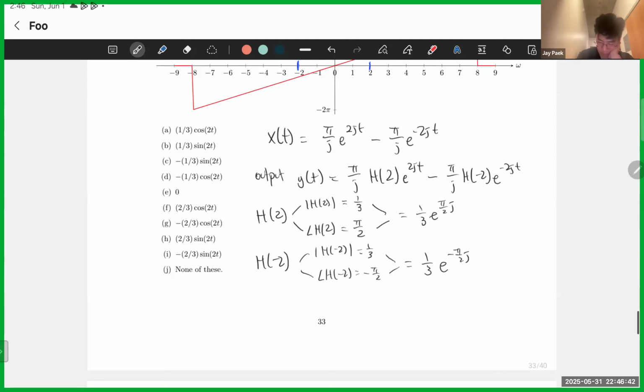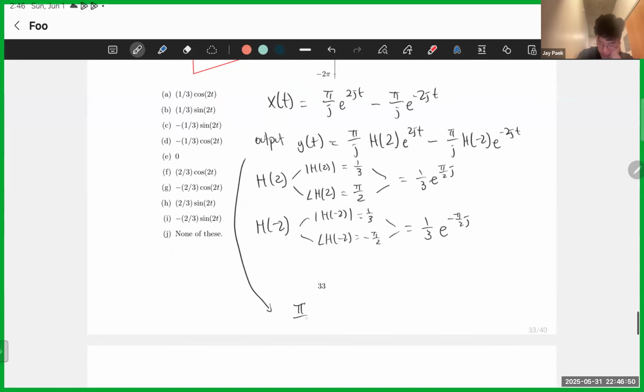And so, thus, our output should be pi over j. It's actually just 1/3, 1 over 3j.